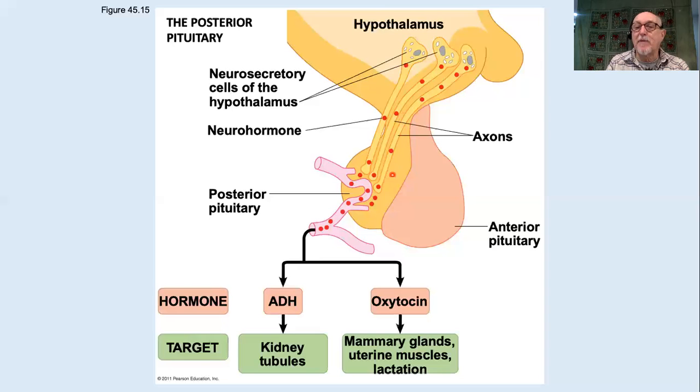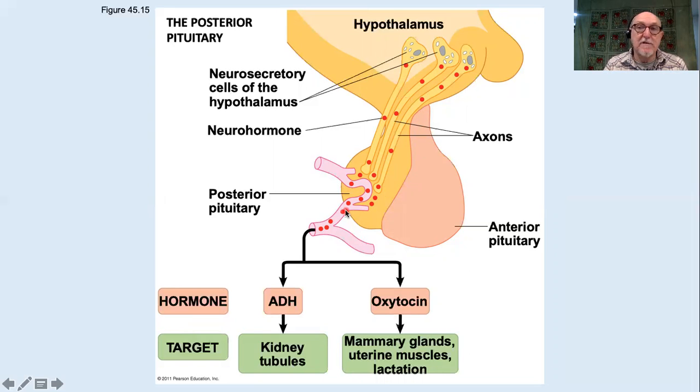So in this case, the posterior pituitary really is just like a highway for the hypothalamic hormones to be released. So they are produced all throughout the cells of the hypothalamus, and then they are moved down to the posterior pituitary, and they are released.